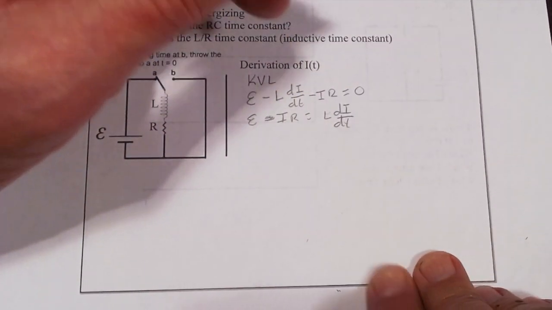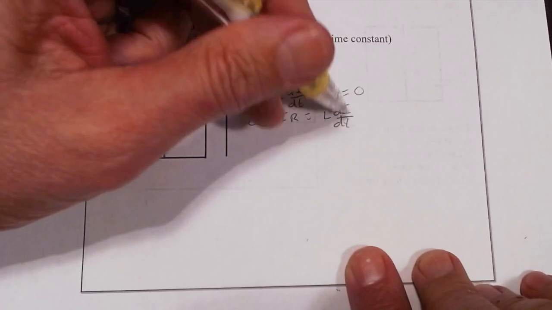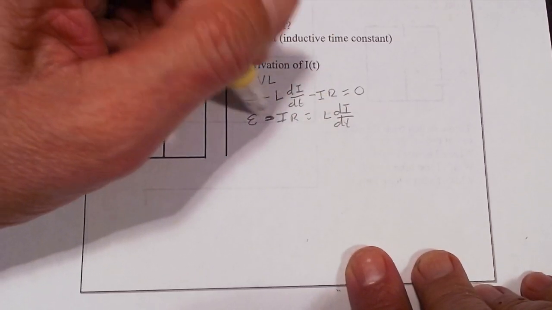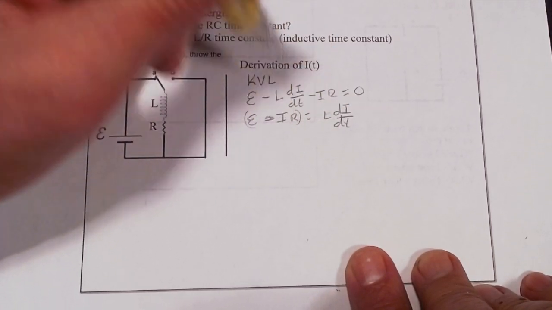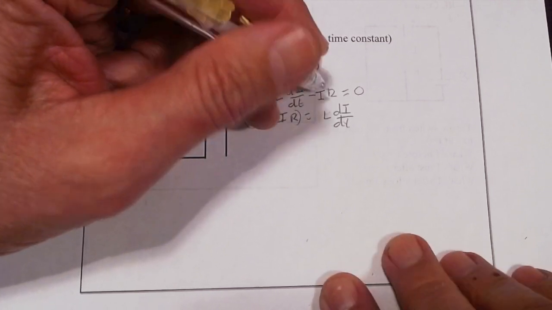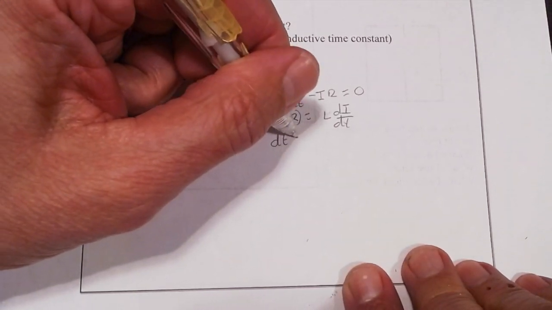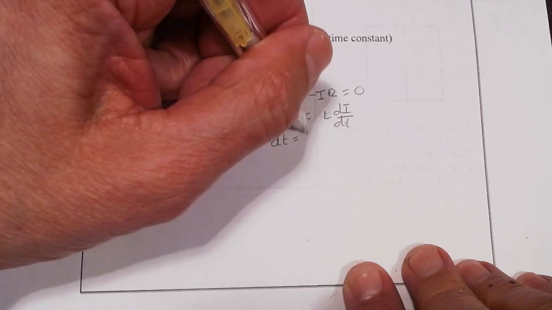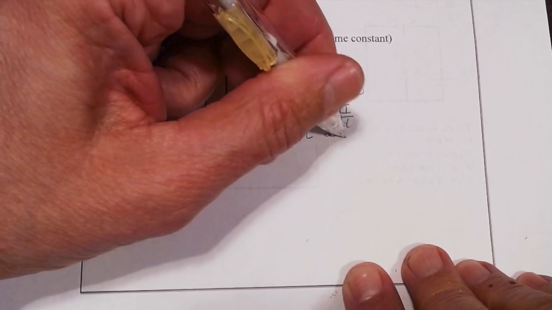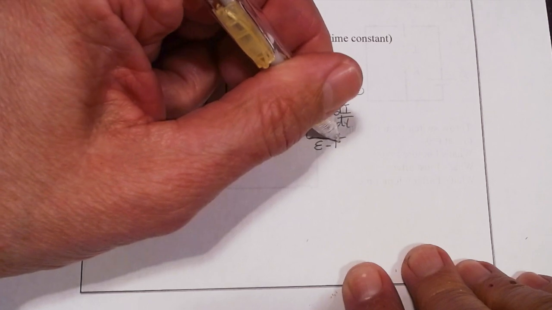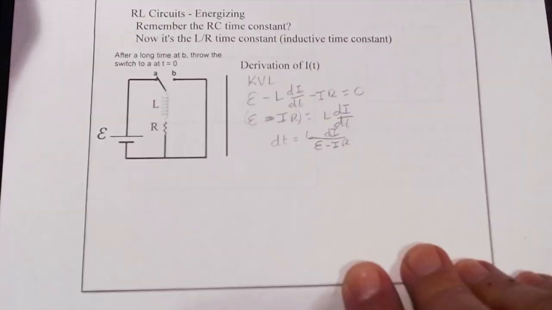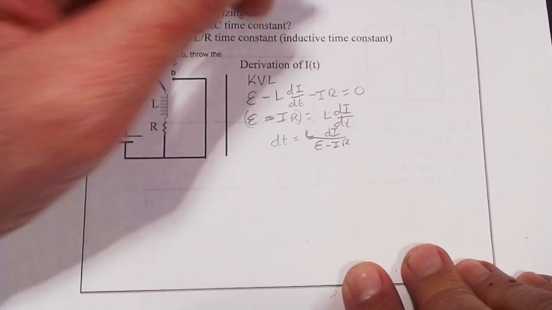Just put that over the other side. I want to get the i's together, so I'm going to multiply both sides by dt and divide both sides by epsilon minus IR. So we have dt equals L di over epsilon minus IR. And that is an L there.